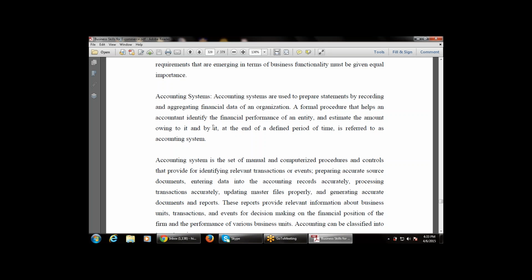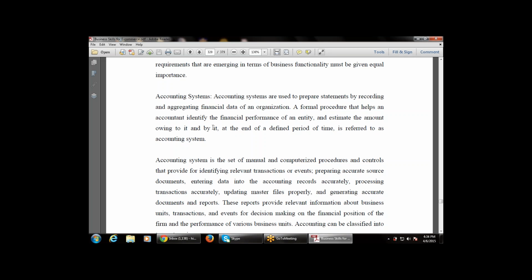So whenever the accounts are prepared, whenever the one year is over, whenever the defined period is over, that is known as the accounting system. An accounting system is the set of manual and computerized procedures and controls that provides for identifying relevant transactions or events.